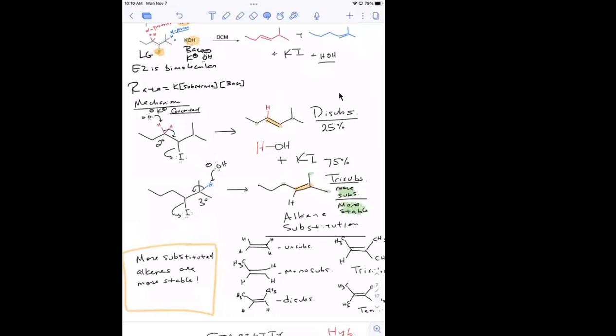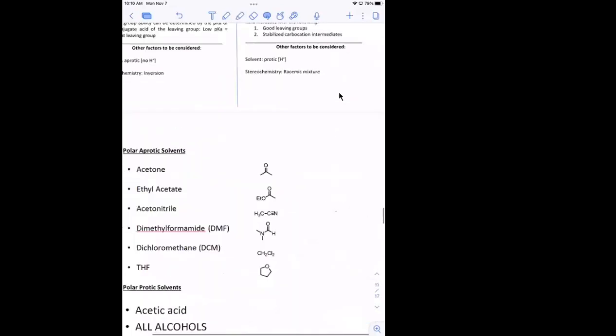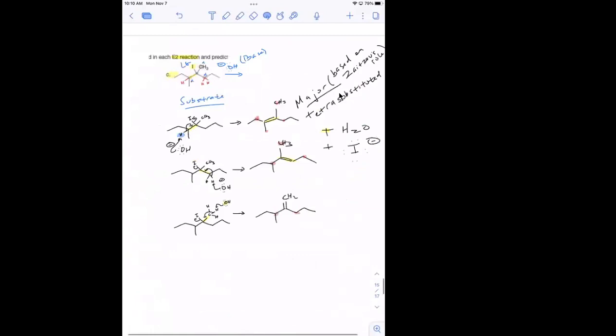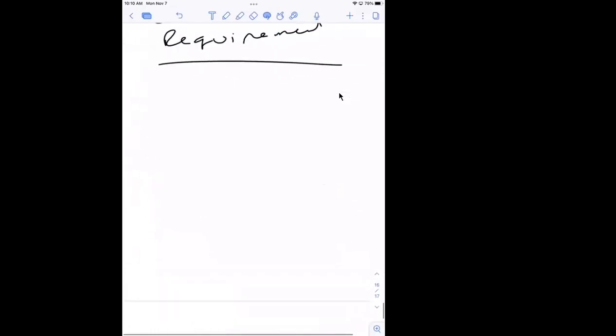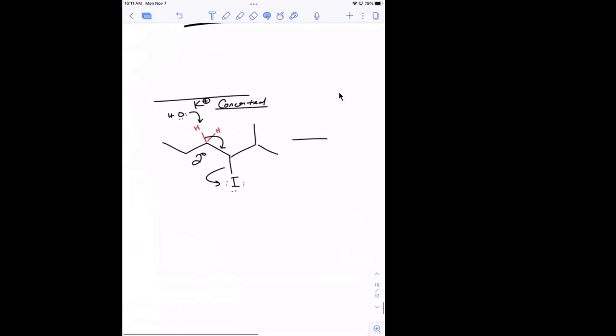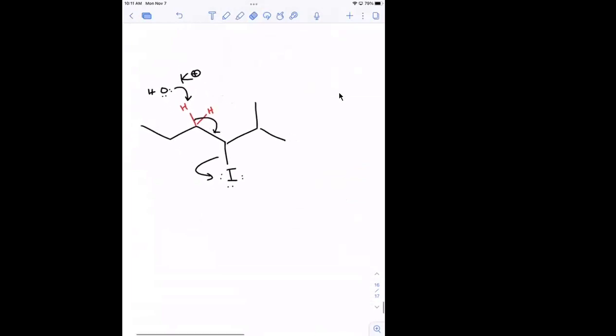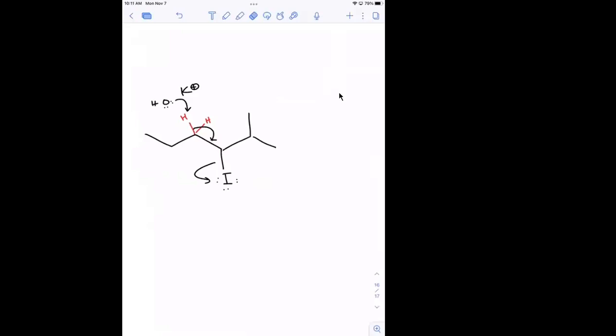All right. Let me take this image, and we're going to use that to talk about the transition state. You can see based on the image here which bonds are being broken, which bonds are being made.